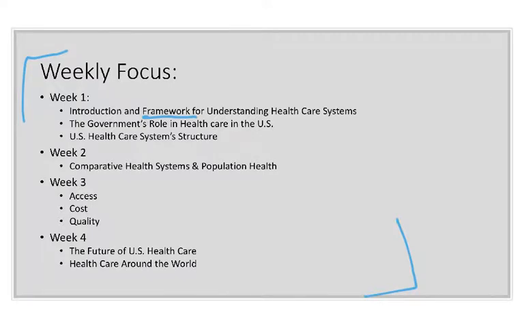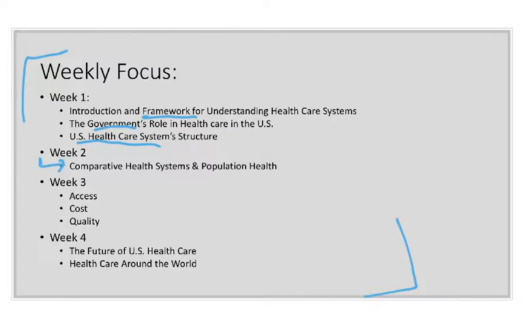We're also going to discuss the government's role in healthcare in the U.S., and we're going to talk about the U.S. healthcare system structure. In week 2, we're going to then talk about the healthcare systems in other countries. We're going to look at models of healthcare systems. We're going to talk about population health and how that differs from medical care.